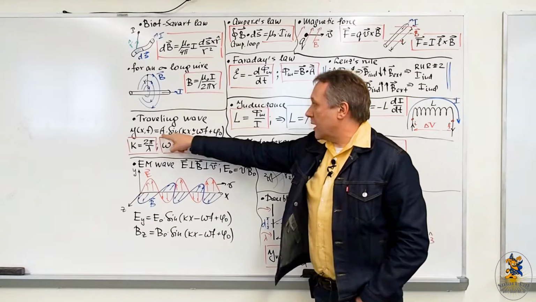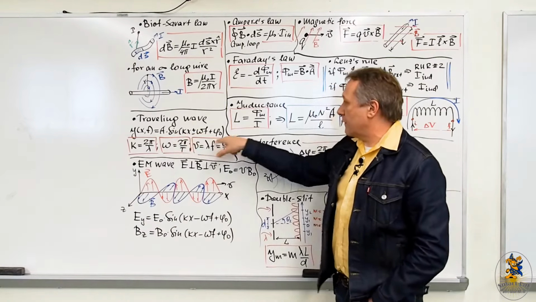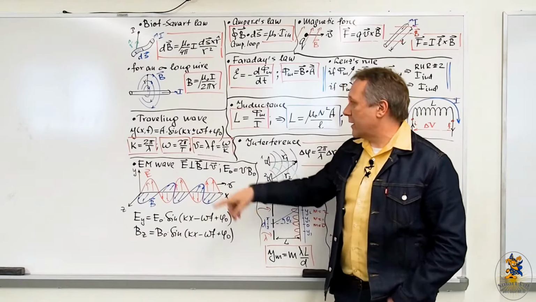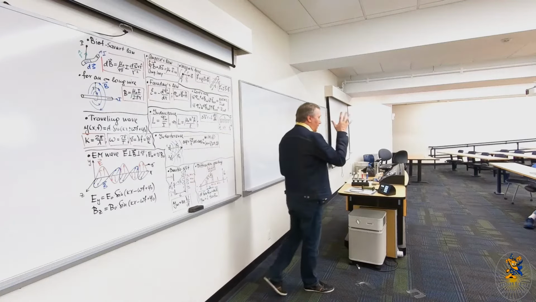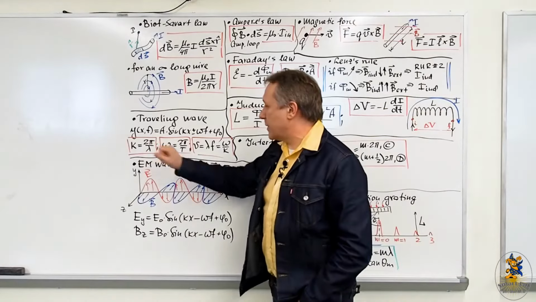So it's an amplitude times a periodic function, and inside the periodic function we have the phase of the wave, which consists of kx plus or minus omega t plus phi naught. K, the wave number, we define in this way: it's basically the spatial frequency, 2 pi divided by the spatial periodicity.